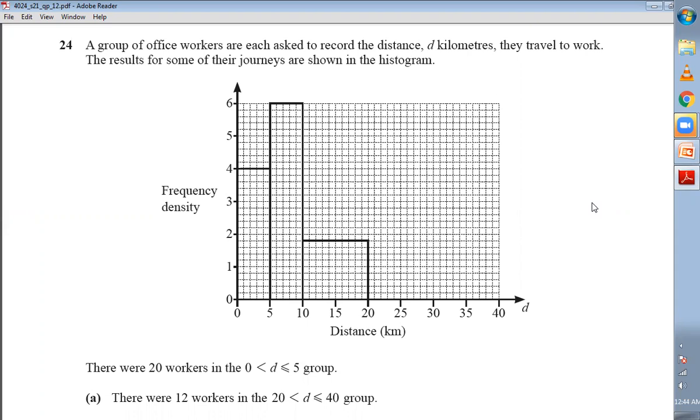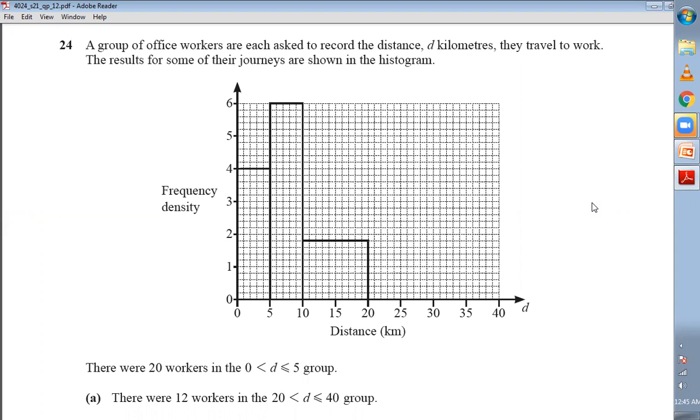The people who travel 0 to 5 kilometers have a frequency density of 4. The people who travel 5 to 10 kilometers have a frequency density of 6. And for 10 to 20 kilometers, the frequency density is 1.8.